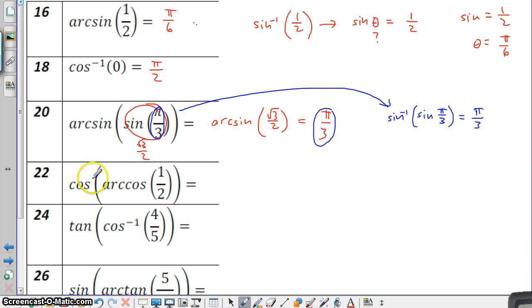The next one, cosine, arc cosine, very similar situation, that cosine and arc cosine undo each other, so we might think that the answer is 1/2. So let's go about this a little bit more step by step. If I'm just looking at arc cosine, that's asking inverse cosine of 1/2.